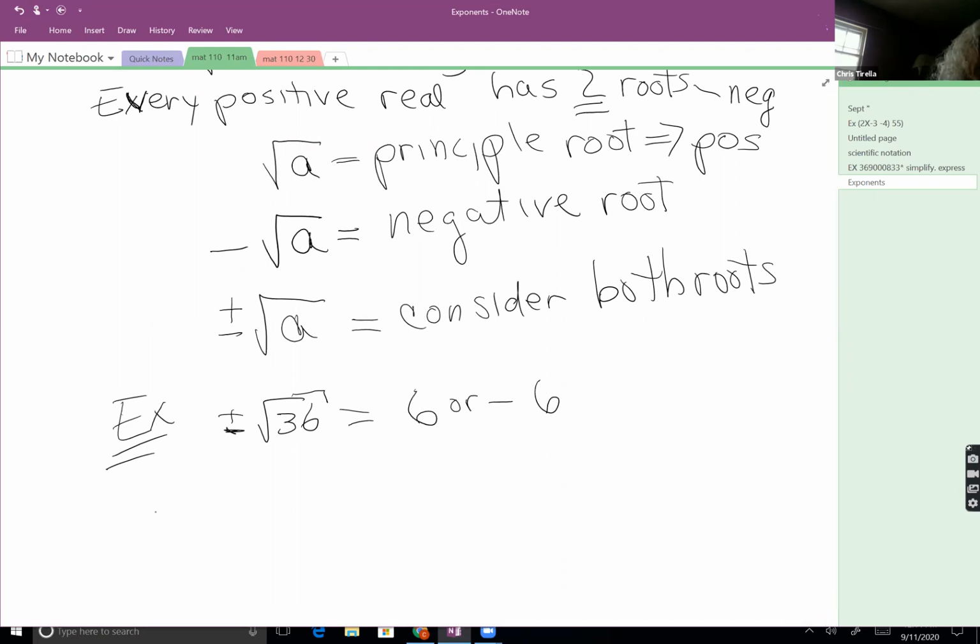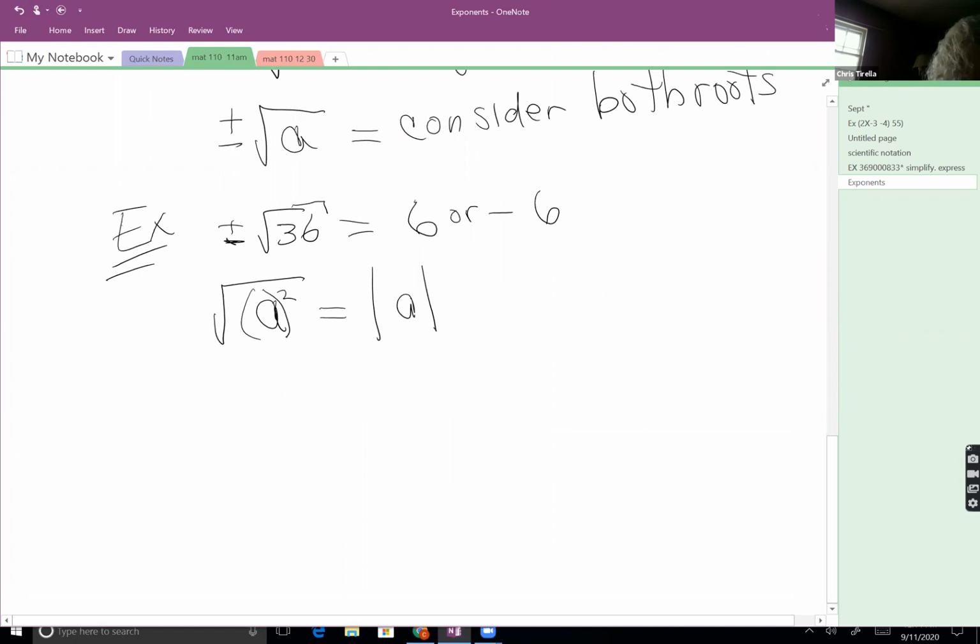Another thing that you kind of need to be familiar with is that the square root, principal root of A squared, A in parentheses squared, will always equal the absolute value of A. Wait, why am I throwing absolute value symbols in there?